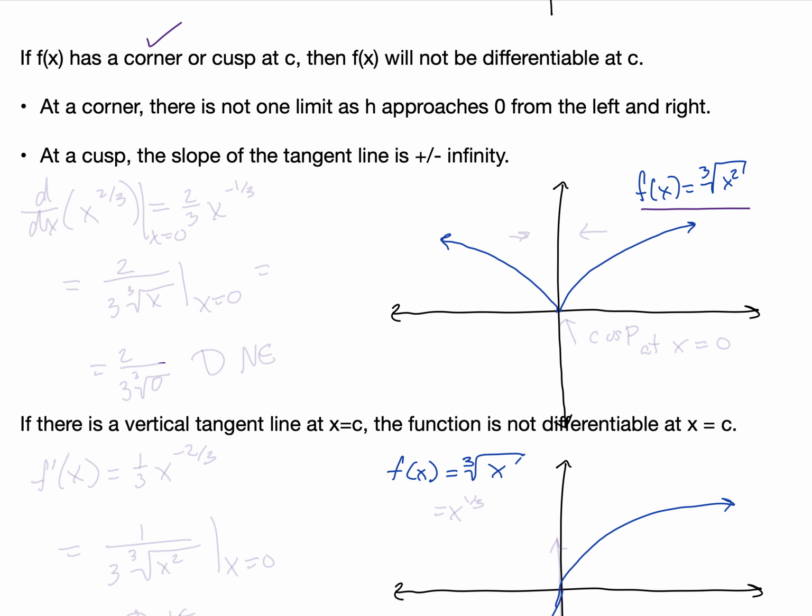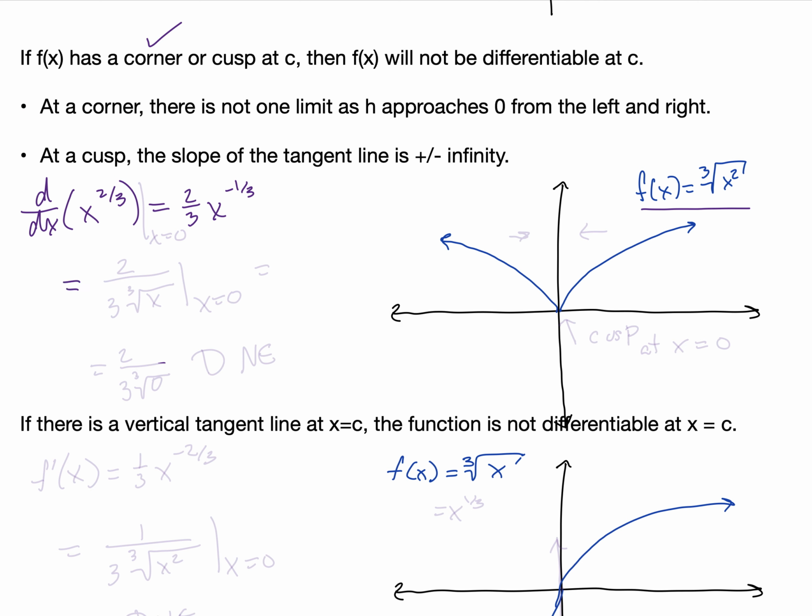So now let's just see this by taking the derivative, not with limits, but the way that we kind of know. So the derivative with respect to x of x squared cube rooted, that's the same thing as x to the 2/3 power. So when we take that derivative, we'll get 2/3 x to the negative 1/3.